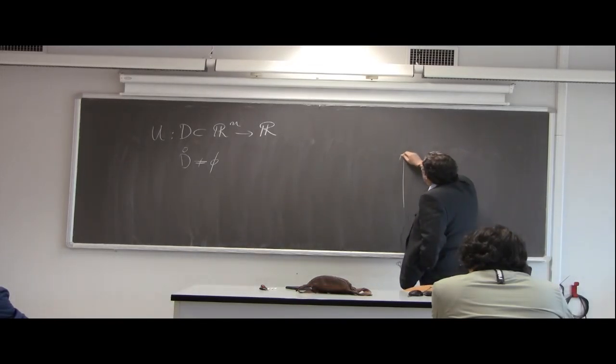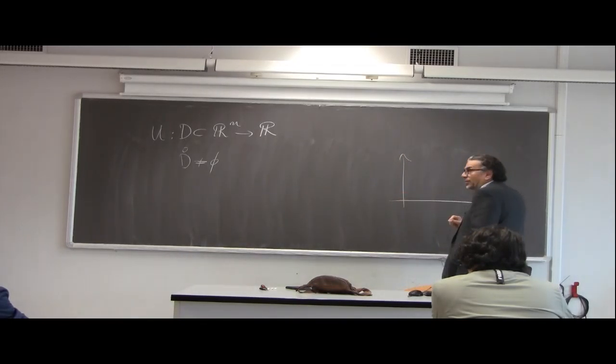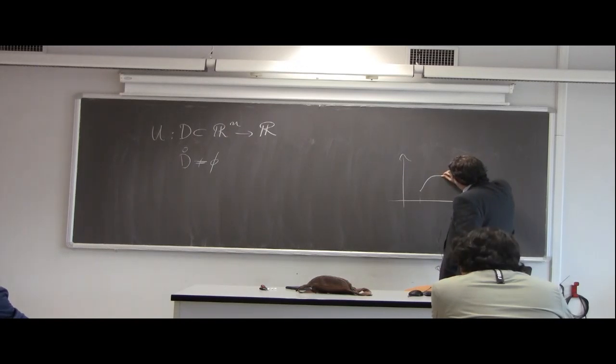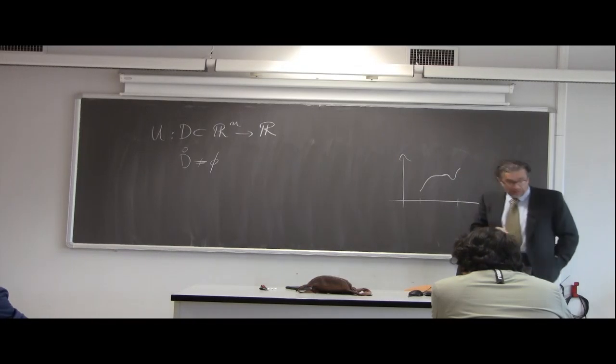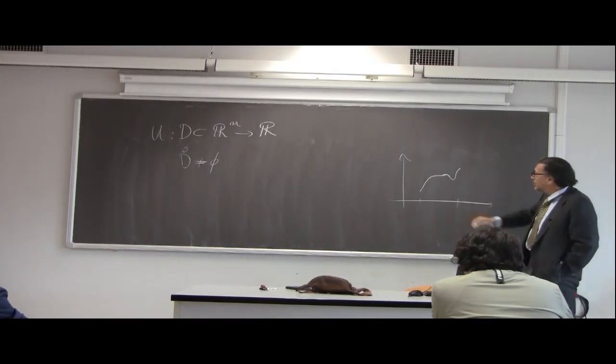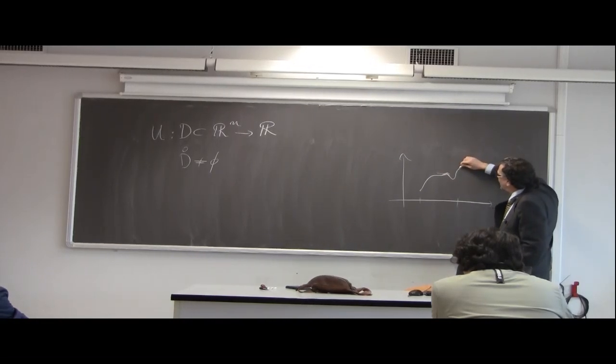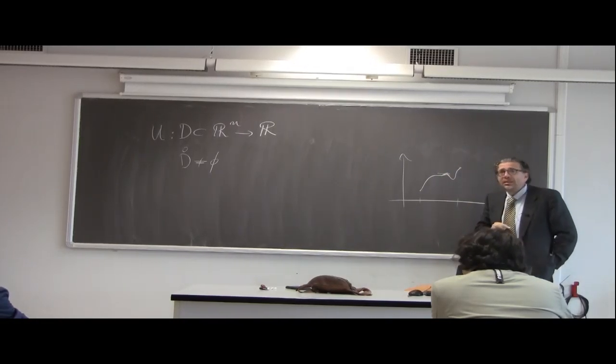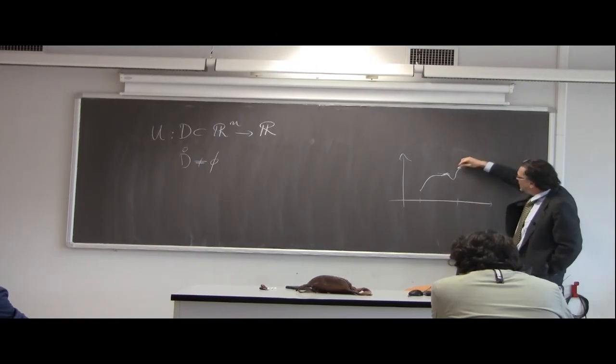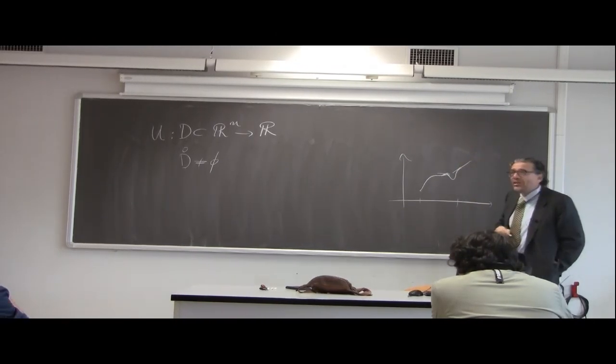You are aware of this. So I remind you that if you have a function defined in an interval having real values, it could be that here you have a local maximum, but the absolute maximum is here, and you know that here the derivative is not 0.